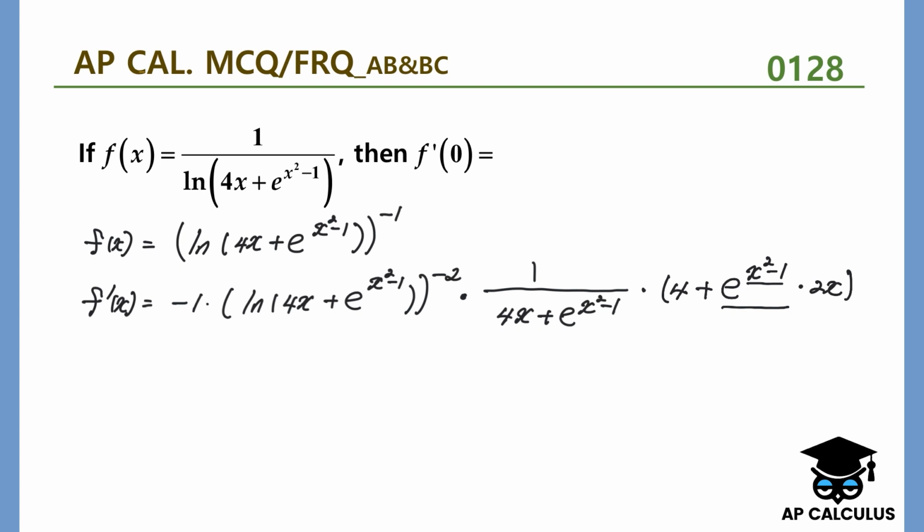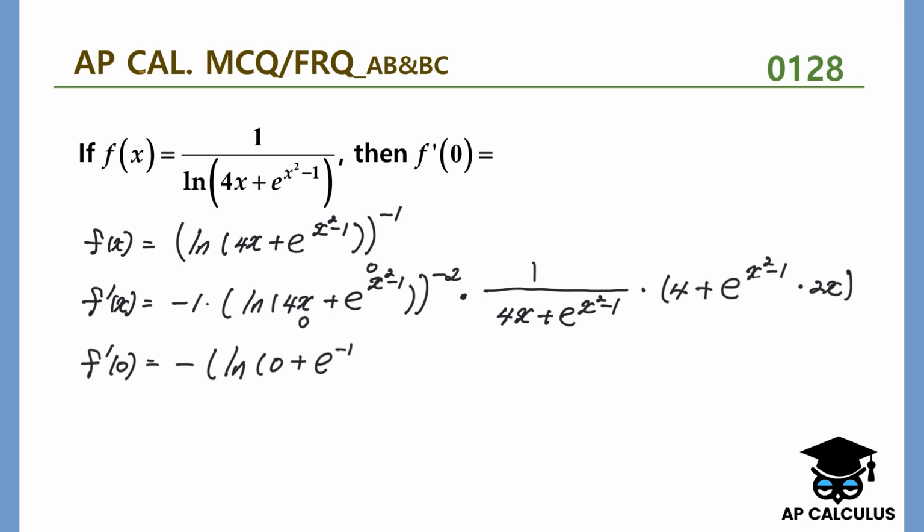So let's erase this. We have this derivative. That's quite long, right? Okay, we have to find f prime 0. So we're going to substitute 0 for x. So negative natural log, we have 0 here. So that's 0 plus 0 here, right?